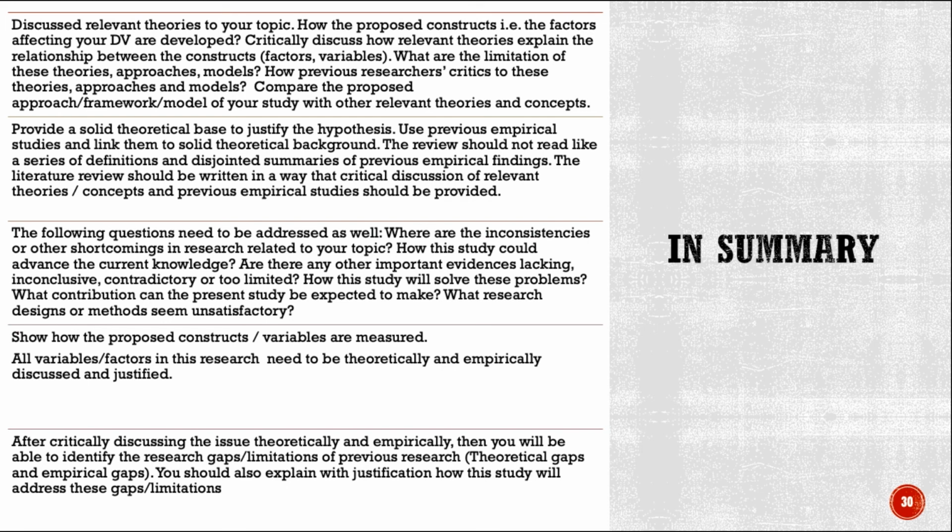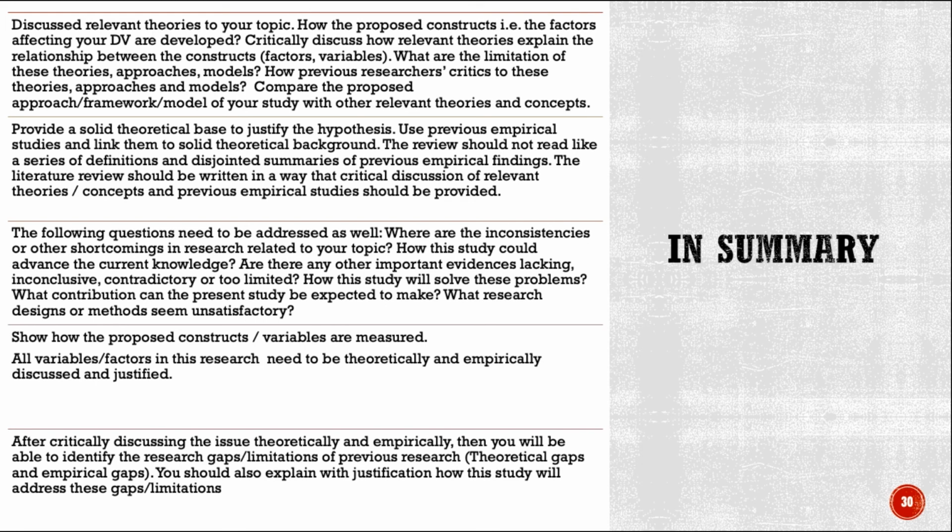And after that, you have to show how the proposed constructs, variables, and factors that you use or identify in your study are measured, how previous empirical studies measure them, or how theories, concepts, and models measure those variables. All variables or factors in your research need to be theoretically and empirically discussed and justified. And after critically discussing the issue theoretically and empirically, you will be able to identify the research gap and limitation of previous research.